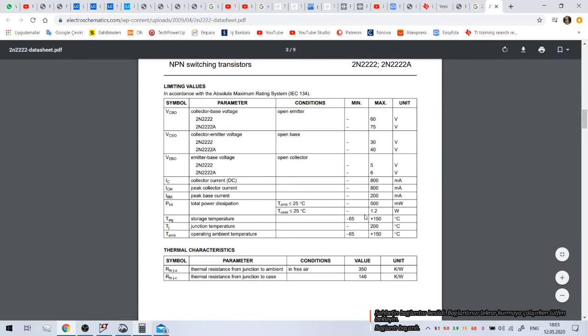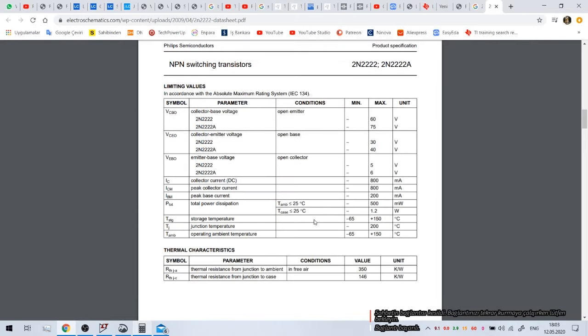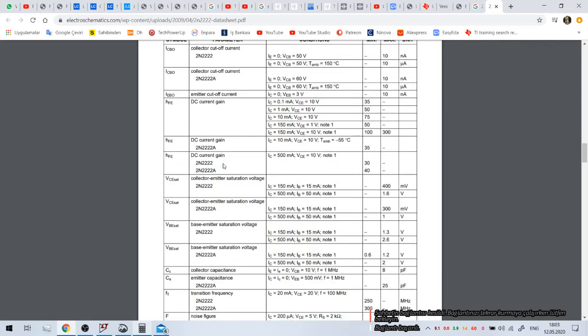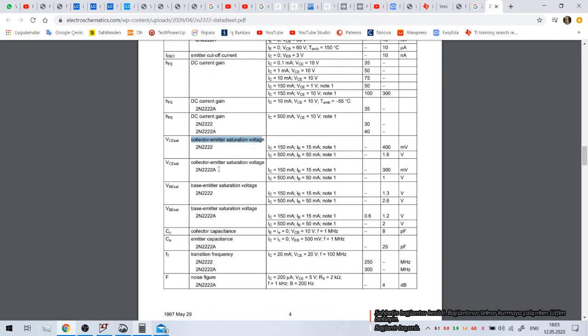And what is the base emitter voltage? And collector emitter, not base emitter, saturation voltage, yes. You can see 1.2 volts, 1.3 volt, and for 500 milliamp base current, it is much greater than we need.